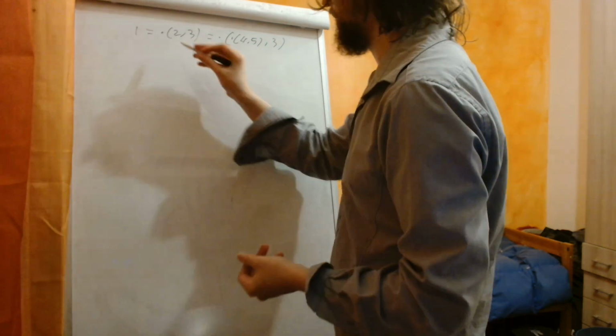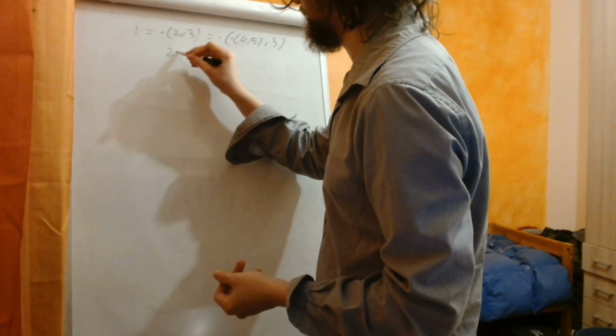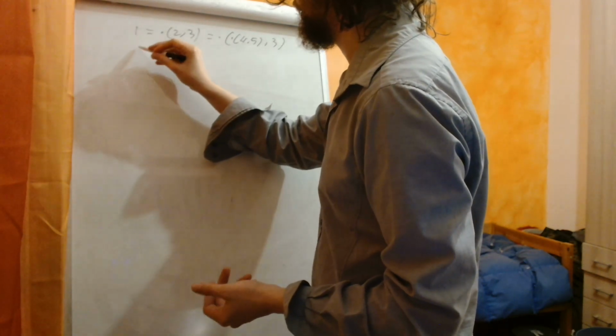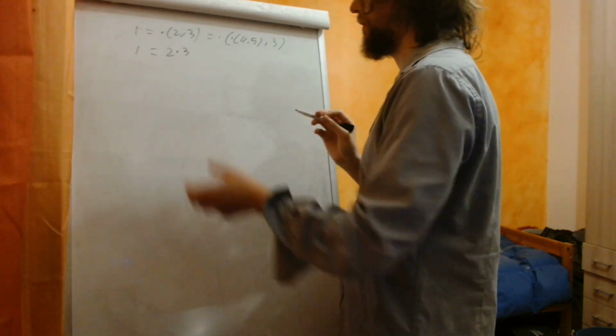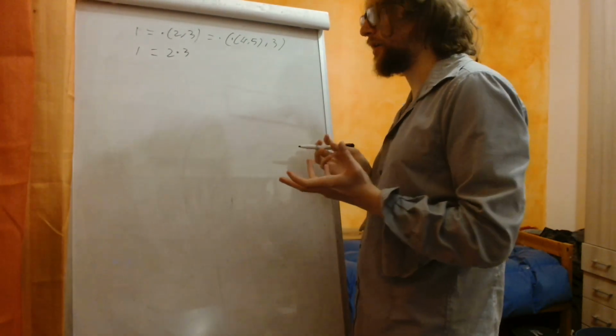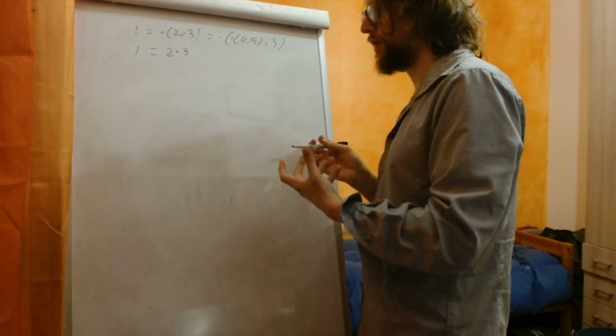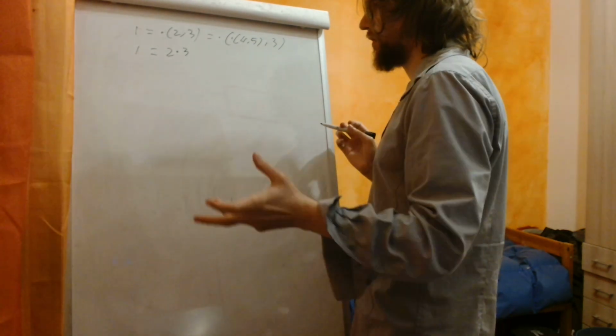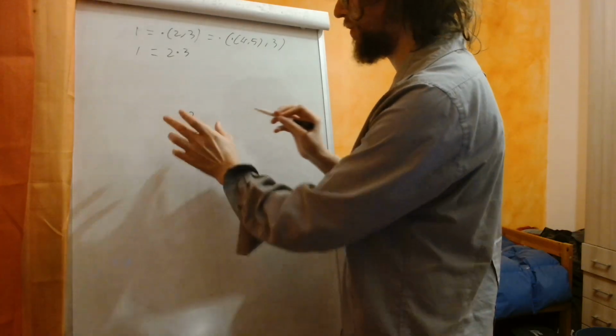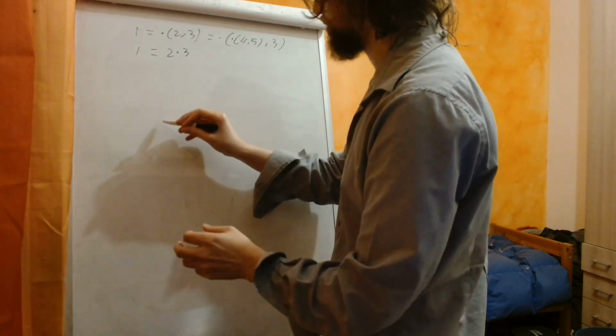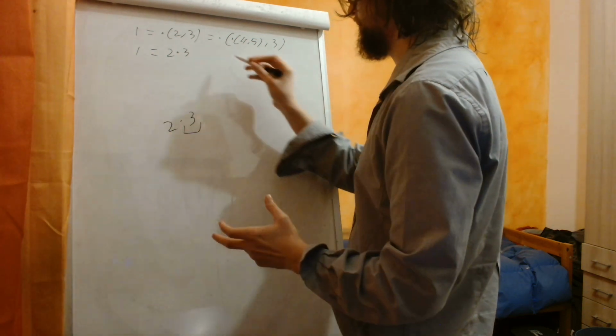So we said that we can write this operation as 2 times 3, and this can be seen in a real set of objects. For example, you do the action 3 and then you do the action 2 to the element.